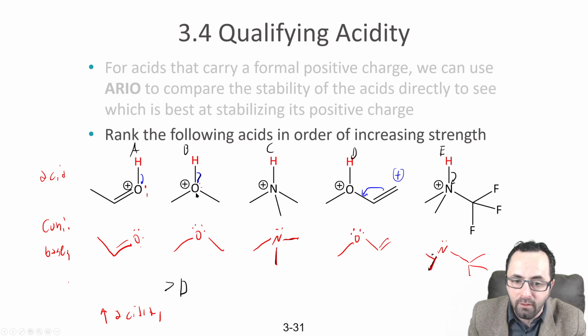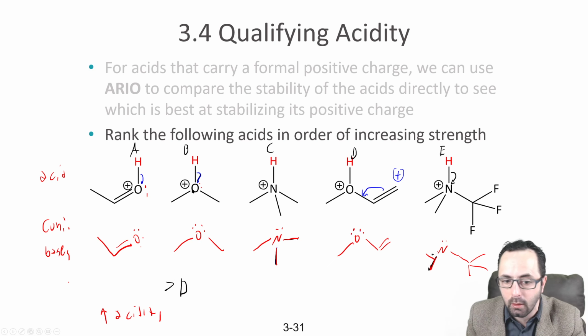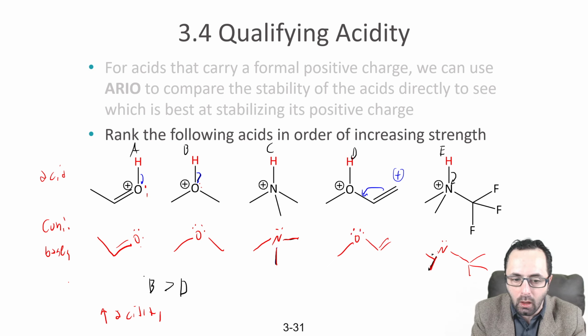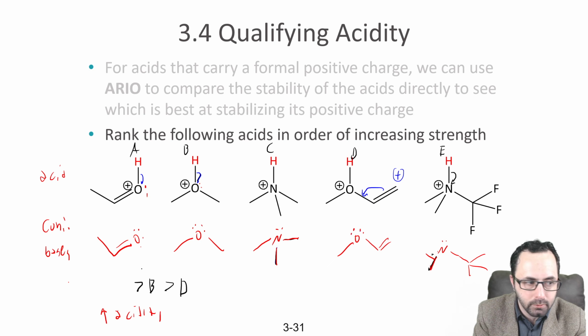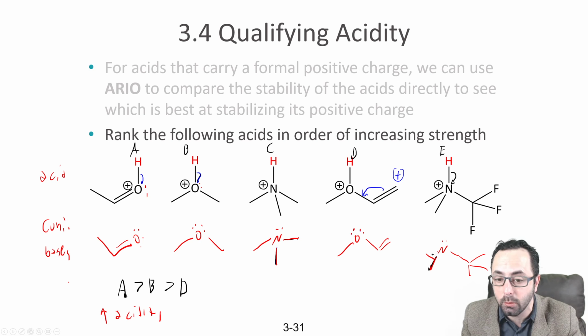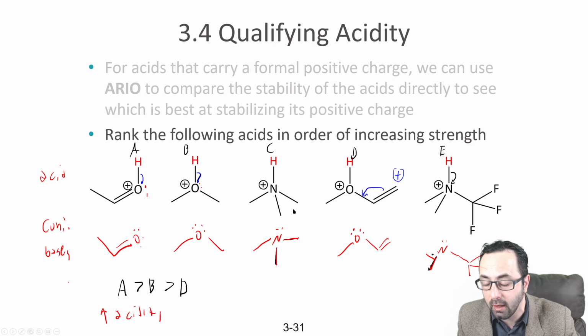Next, we'll have B here being the next acidic. Then we're going to have A here being next in terms of acidity. And these are all more acidic than the ones that contain nitrogen. Because again, the oxygen cannot stabilize the positive formal charge as well as the nitrogen can.